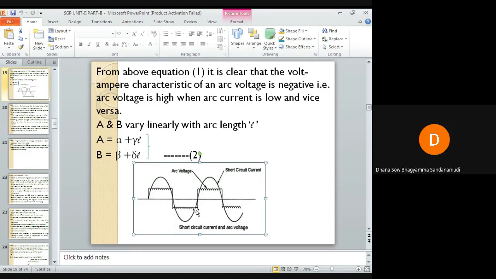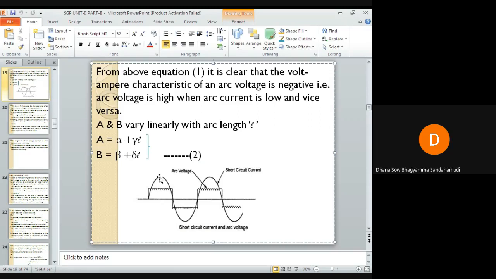When arc current is zero, at that particular instant the arc voltage is maximum, and it remains constant. Even though the current reaches its maximum value, the arc voltage will remain the same. It will neither decrease nor increase. Again, when current reaches the current zero point, arc voltage is maximum.